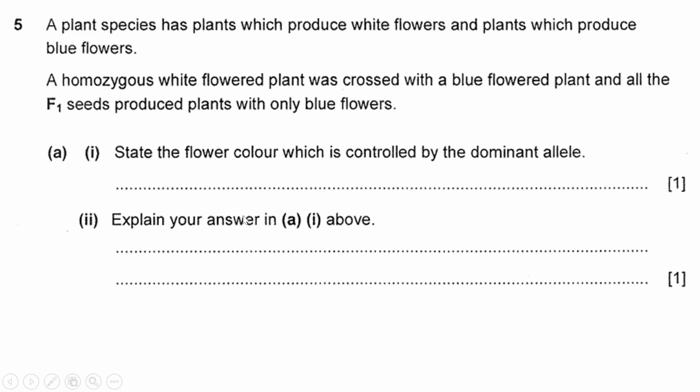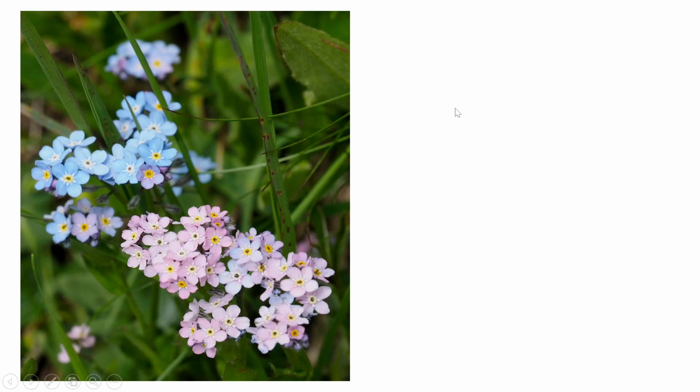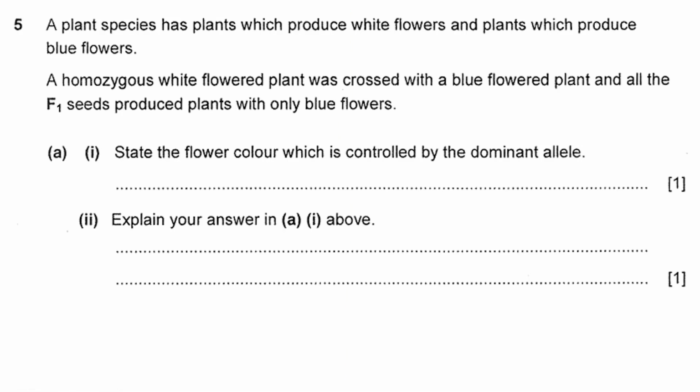Now we are told that there was a cross. A homozygous white flowered plant was crossed with a blue flowered plant, meaning a white and a blue were crossed. And what was the result? All the F1 seeds produced plants with only blue flowers. F1 means first filial generation, or first generation.